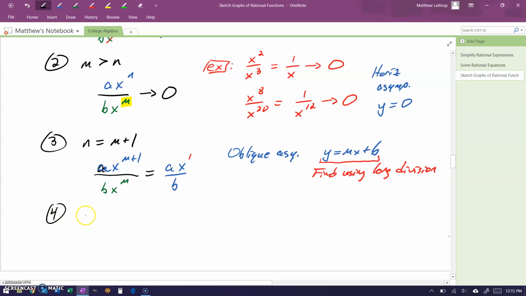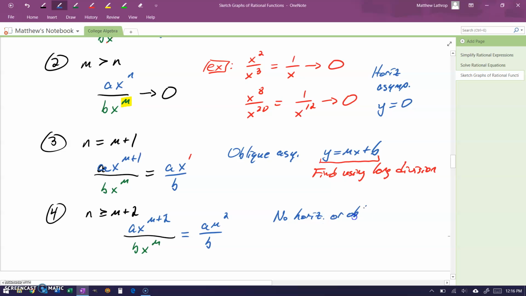This is different than the case where we have n greater than or equal to m plus 2. In this case, we would have a times x to say the m plus 2 power over b times x to the m. This would reduce to a times x squared over b, which would tell us that we have no horizontal or oblique asymptotes.